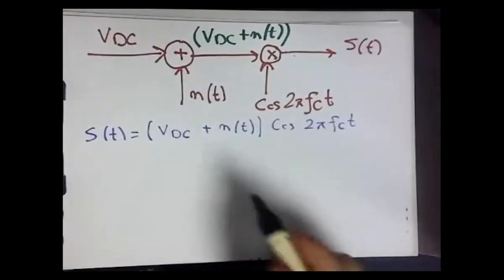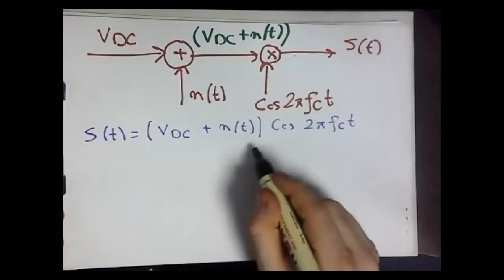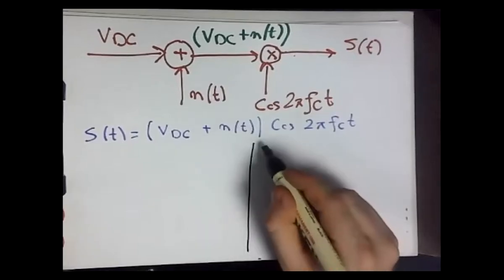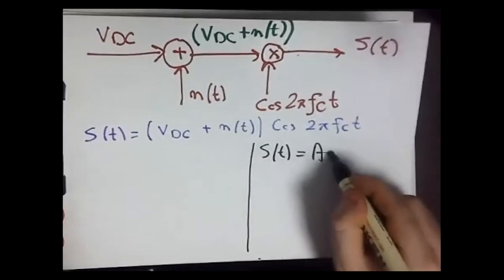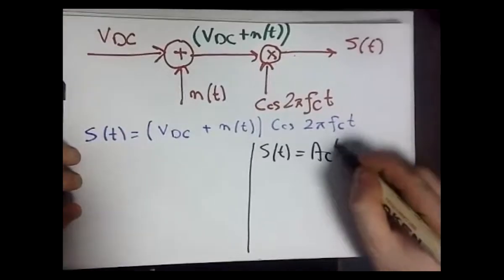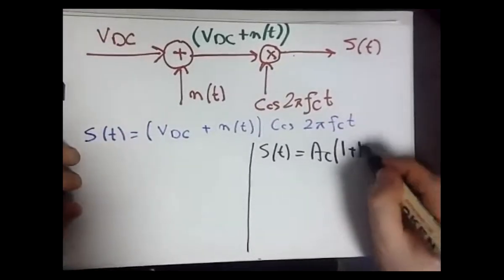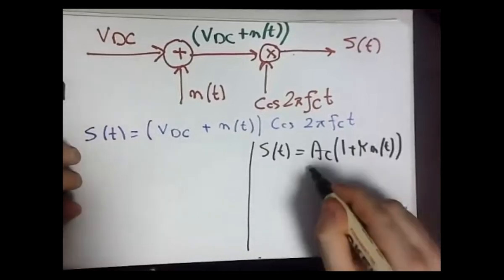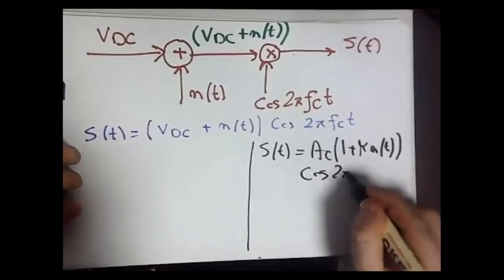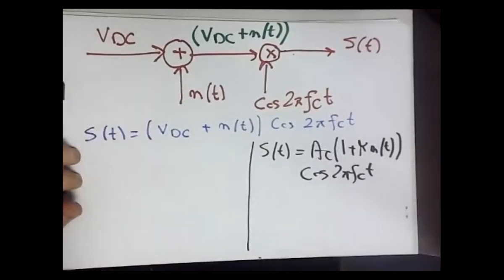So our older S of T looks like this: S of T equals, if you remember, AC times (1 plus K M of T) cosine 2 pi FCT. You remember this? This was our modulated AM signal.